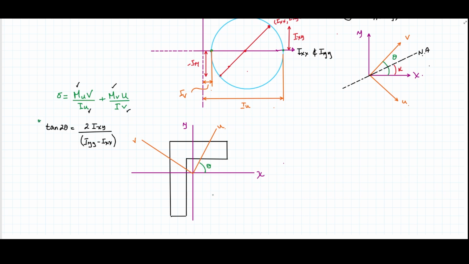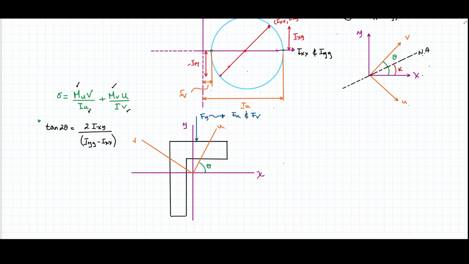Then you know how to decompose stuff. For example, if you have a force applied in this direction, this is force in Y, but then you can decompose it into a force U and a force V, and those forces are going to create moments around those axes, and that would allow you to calculate the stresses there.